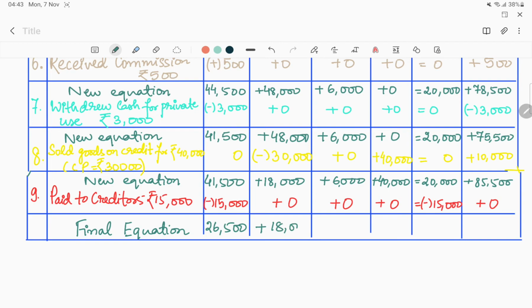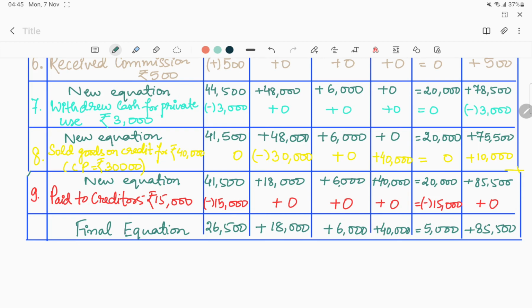Stock 18,000. Furniture 6,000. Debtor 40,000. Liability 20,000 minus 15,000, that is 5,000. Capital 85,500.